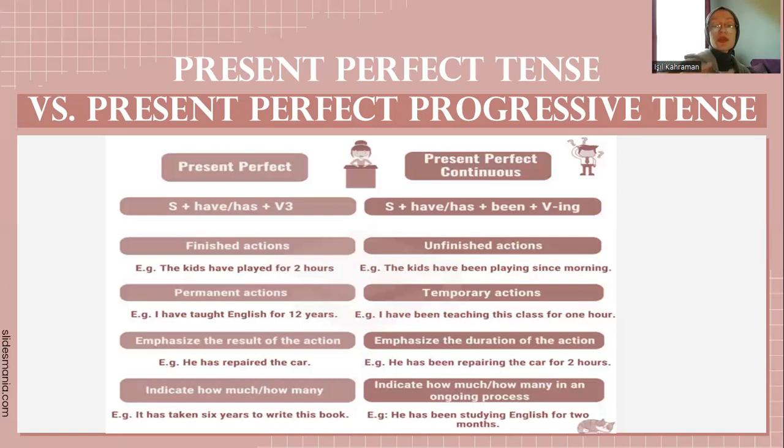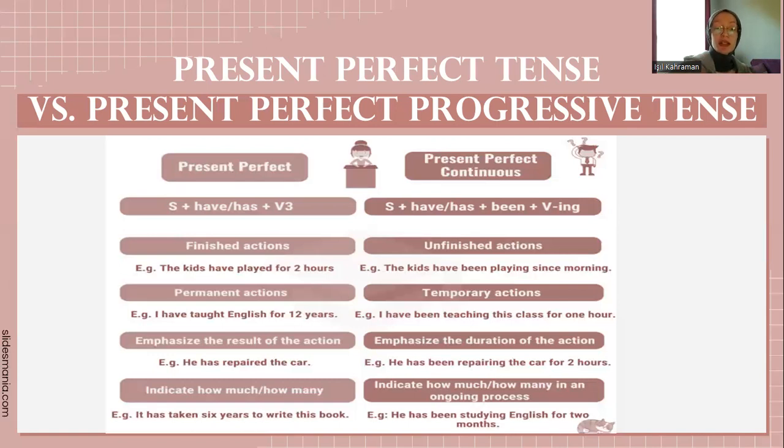Maybe another hour, I won't be teaching, or I will continue like 2 more hours. And present perfect tense emphasizes the result of the action, while continuous tense emphasizes the duration of the action.